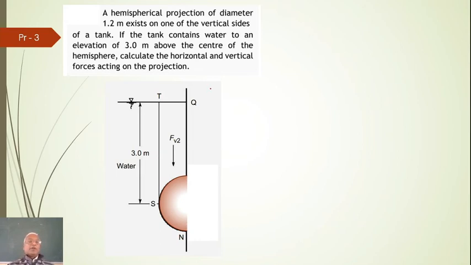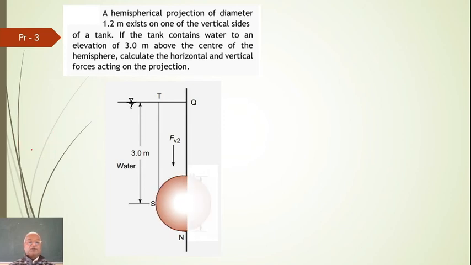Hope you can imagine the situation. There is a vertical surface and then there is a bulging in the shape of a hemisphere which is projecting out like that. That is what is shown in the front view. There is a projection, so there is a circle. When you stand exactly in front, it looks like a circle.